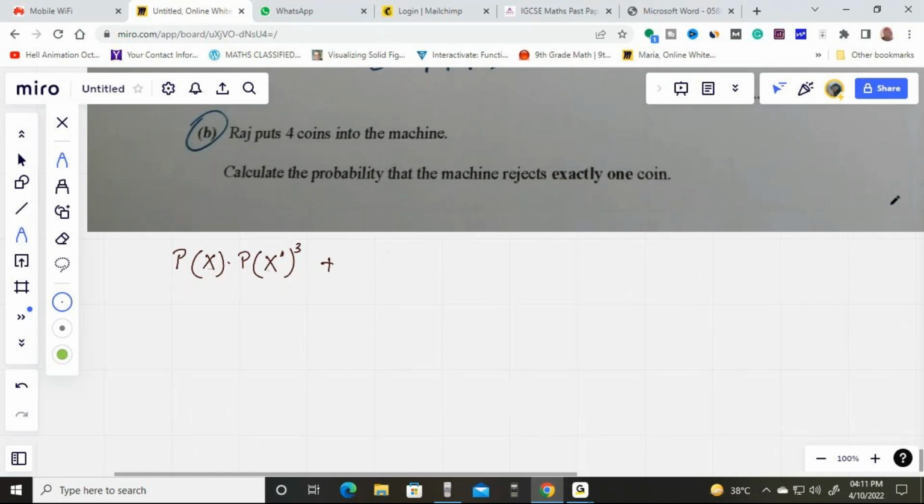Now you see, the second coin can be rejected and the first and the last 2 can be accepted. So here also you're having this situation. This was the first coin, this is the second coin that is rejected and the remaining ones are accepted. Plus if the third coin gets rejected and the remaining ones are accepted.